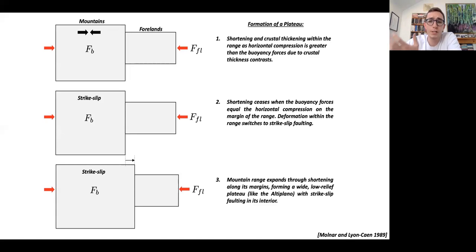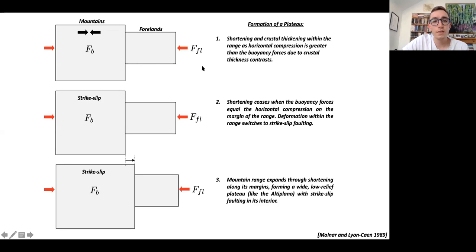And plateaus have a very specific method of formation, or we think they have a relatively simple method of formation. I think this model of plateau generation from Molnar and Lyon-Caen is an extremely powerful tool for us to think about. It's very simple, but very powerful for thinking about how mountain belts might evolve through time and how we might have gone from a stage of reverse faulting in the southern Peruvian Altiplano to normal faulting.